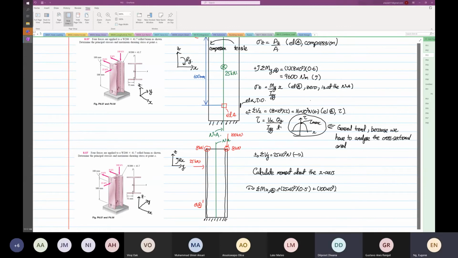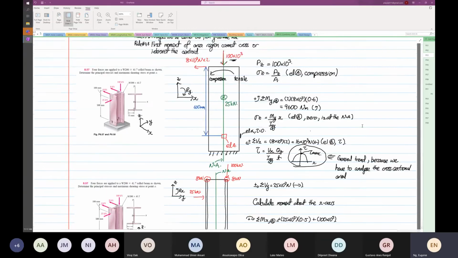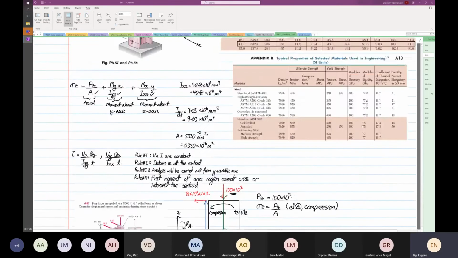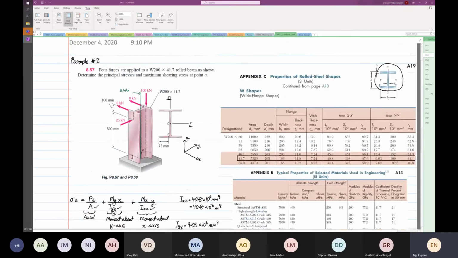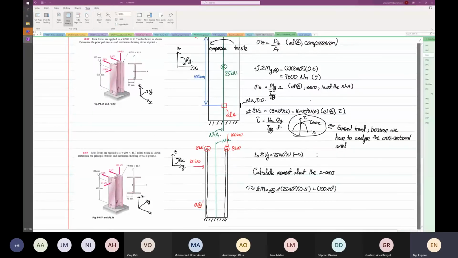So I'll write down the perpendicular distance. If you look on the table, we are looking at D. D is 205. So the perpendicular distance is 205 times 10 to the power minus 3 divided by 2.